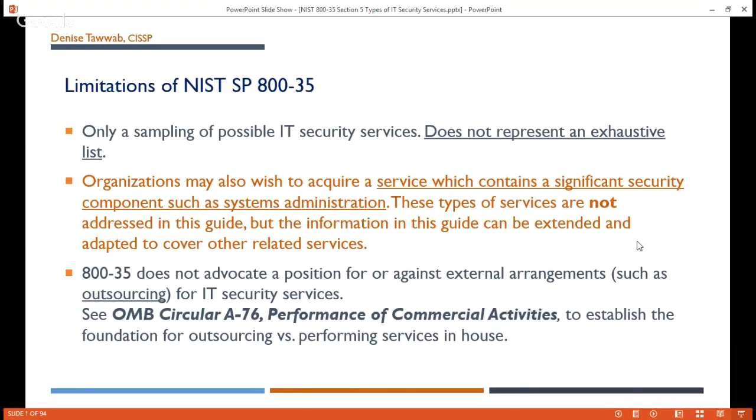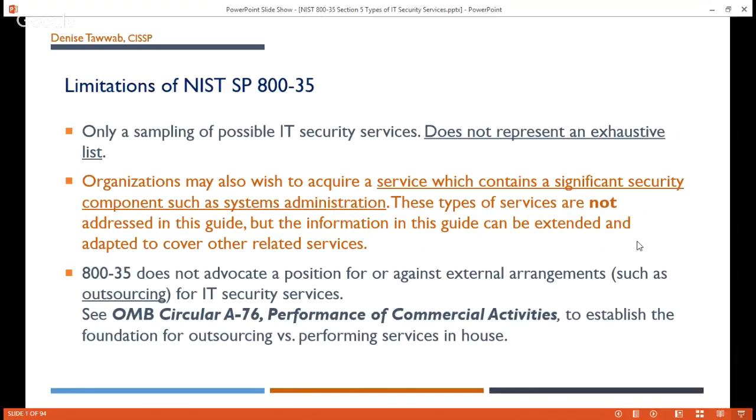Organizations may wish to acquire a service which contains a significant security component, such as your sysadmin stuff. These types of services are not addressed in this guide at all. So you won't be hearing anything about complex security components. 835 does not advocate a position for or against outsourcing.